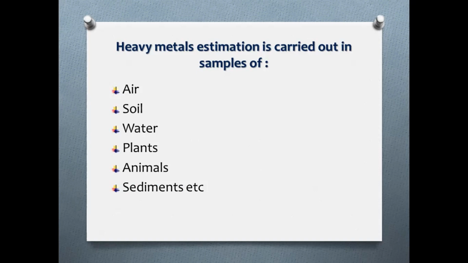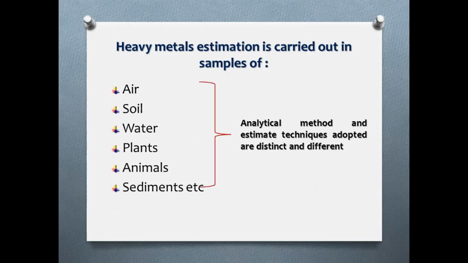Generally, concentration of heavy metals is estimated or studied in samples of air, soil, water, plants, animals, sediments, etc. And for studying these, the analytical methods and estimation techniques adopted are totally distinct and different from one another.